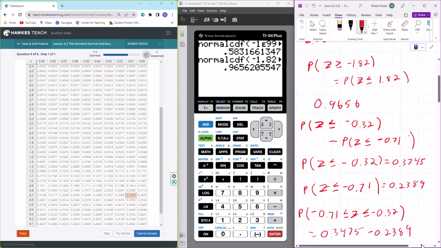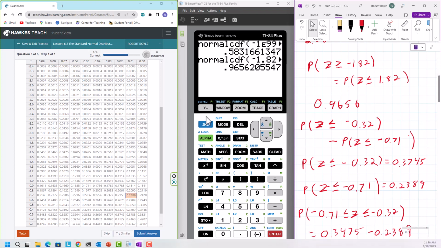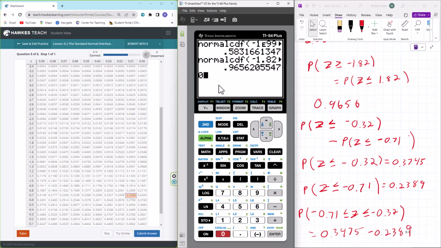So let's go ahead and compute that. 0.3475 minus 0.2389 gives me 0.1086.